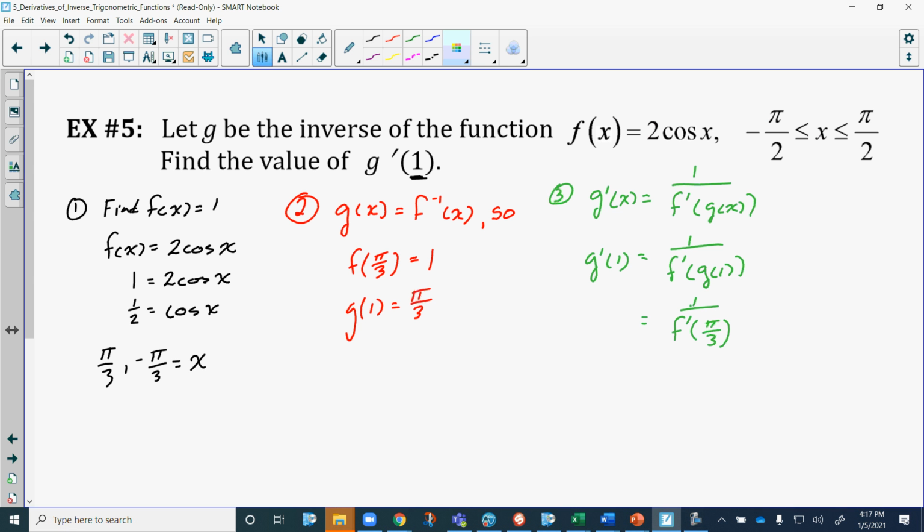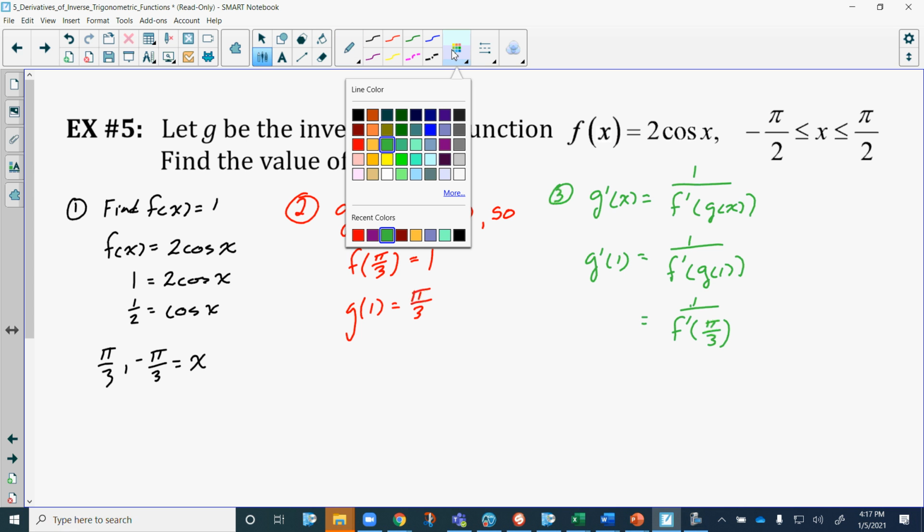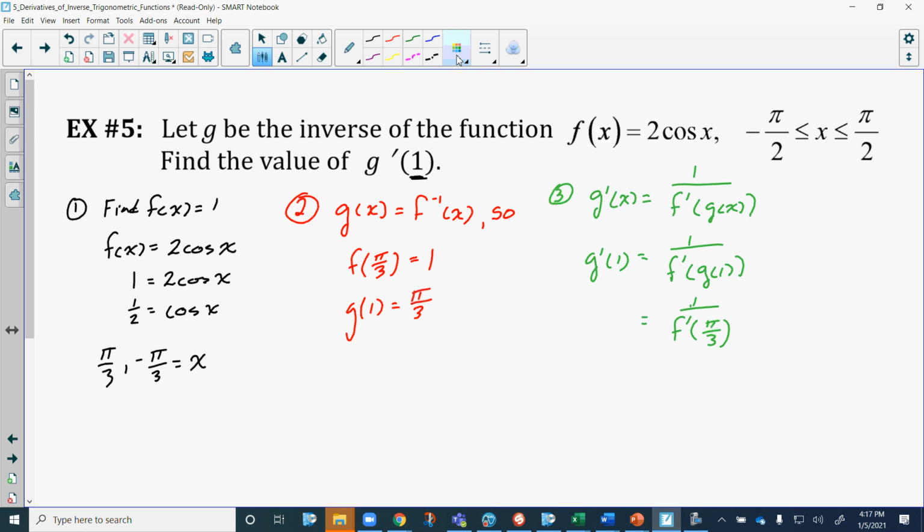Now this is really where the trickiness comes into play, because we haven't really done anything with the derivative of function f, okay? And now this is where what we're doing for this lesson really comes into play. So at this point, it's not real clear, but this is what it's asking you to try to recognize: what is the derivative of the given function?